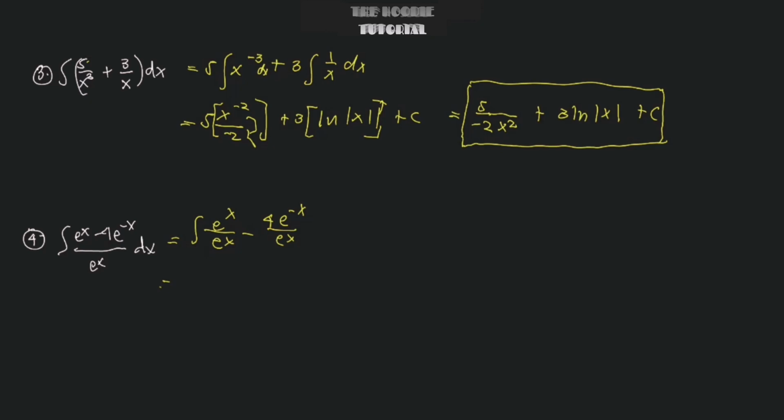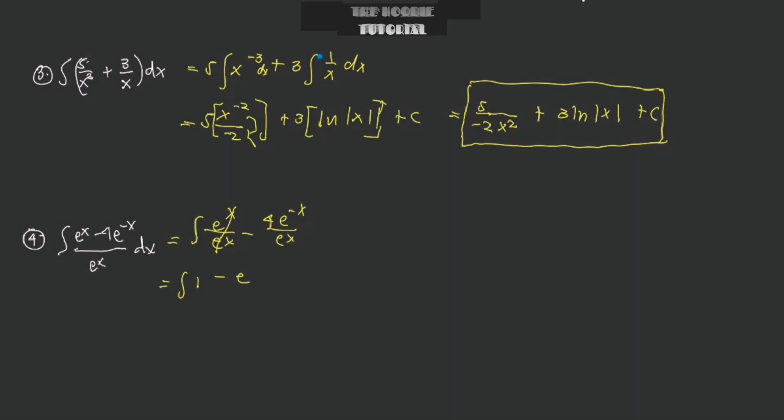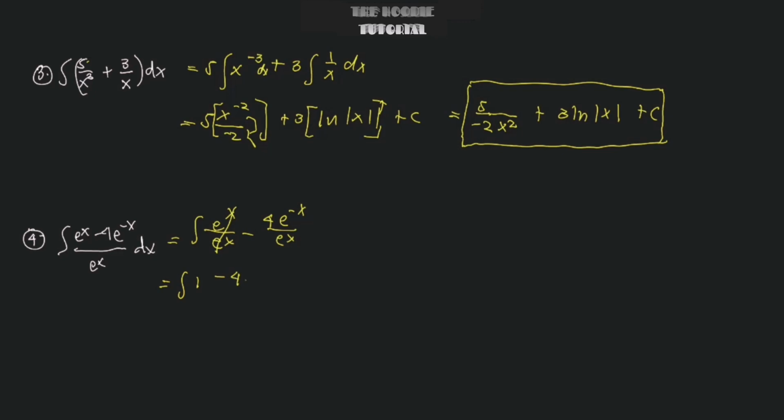Therefore, e^x over e^x is just equal to 1, minus 4e^(-x) over e^x. And then we have to simplify. Never forget dx. That's important.